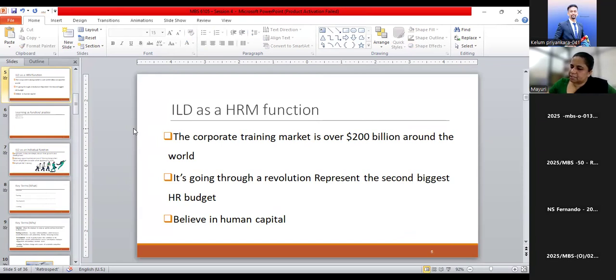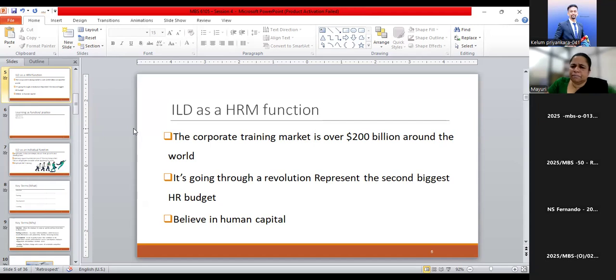The organizational biggest cost? Not training. It is salaries, rewards. Rewards is the biggest budget, it may be for the entire organization, not only HRM.